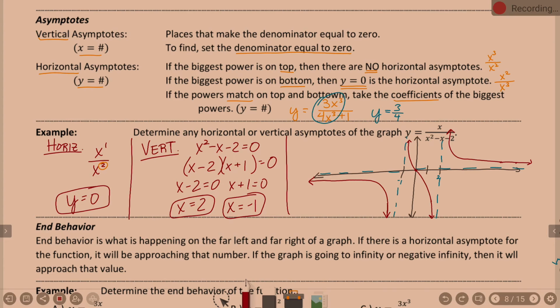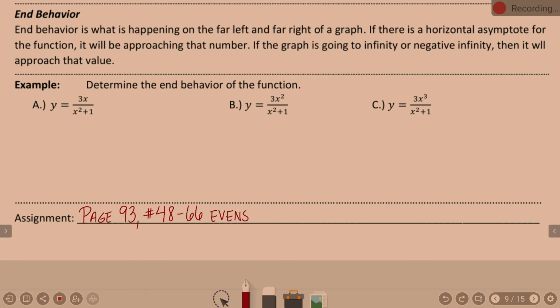Okay, let's talk about end behavior then. When we talk about end behavior, as I mentioned, we're pretty much going to be talking about horizontal asymptotes here. What's the graph doing at the end? End behavior is what is happening on the far left and far right of a graph. So when I say far left and far right, think of what's happening at negative infinity and positive infinity of a graph.